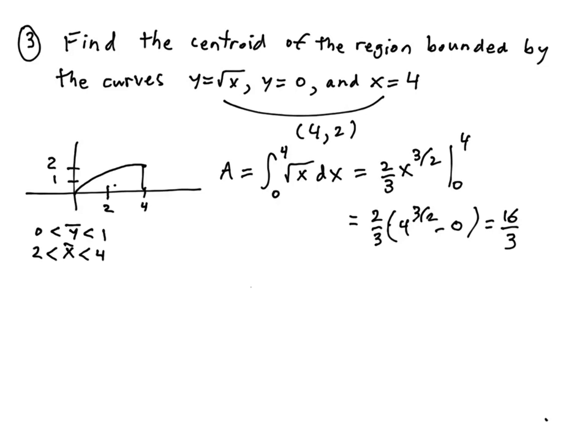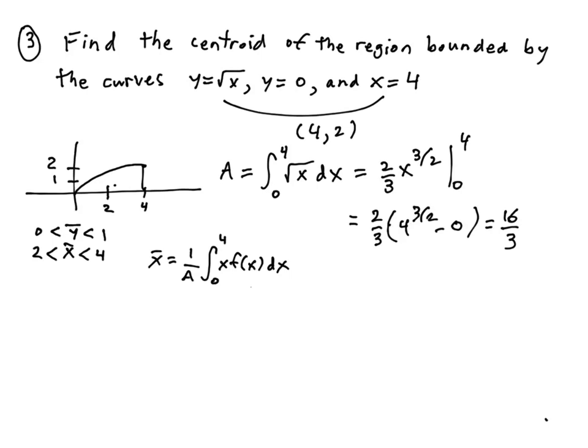Let's do x bar now. X bar is equal to 1 over the area times the integral of x times f of x dx. And we are integrating again from 0 to 4.